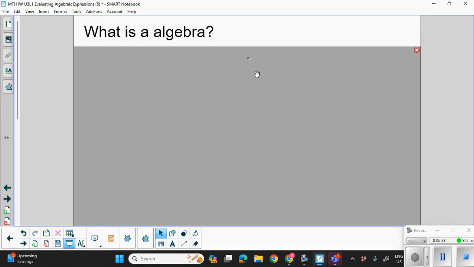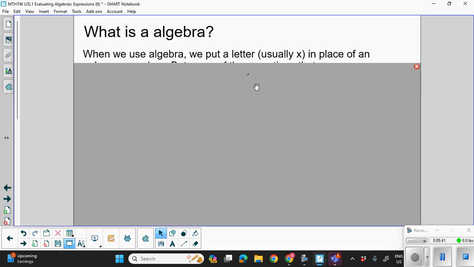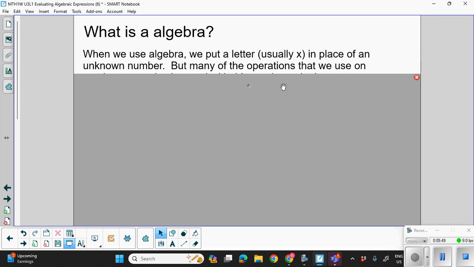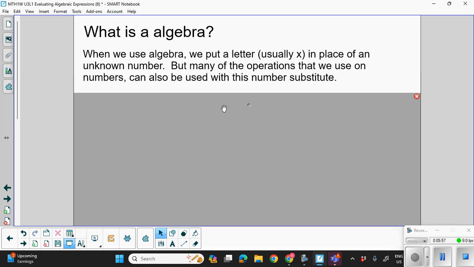So what is actually algebra? In algebra, really what we do is we put a letter, it's usually an x, but it can be any letter, in place of an unknown number. But almost all operations that we can use with numbers, we can also use with algebra.